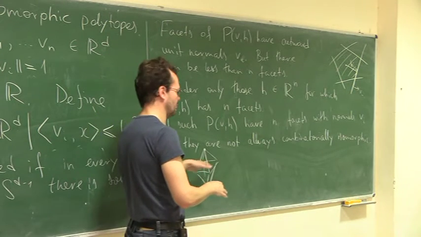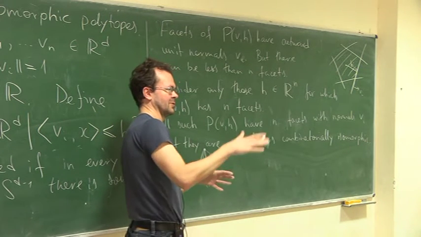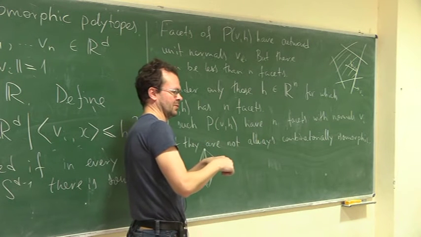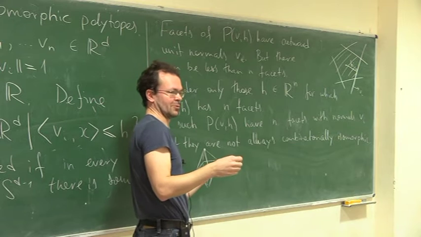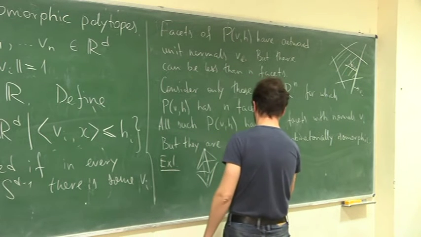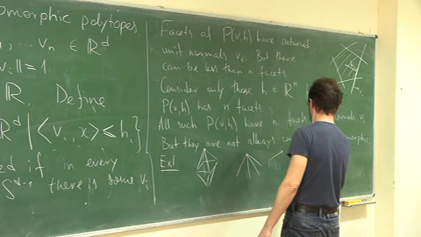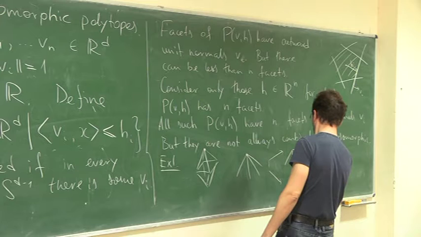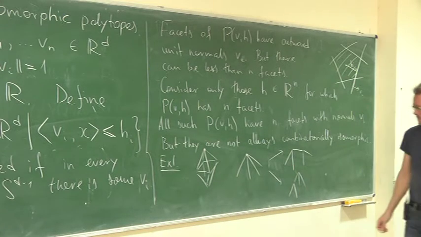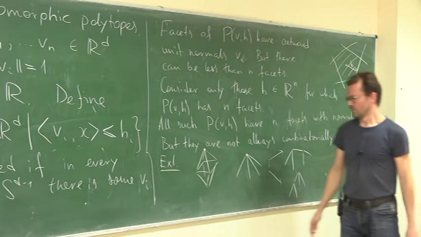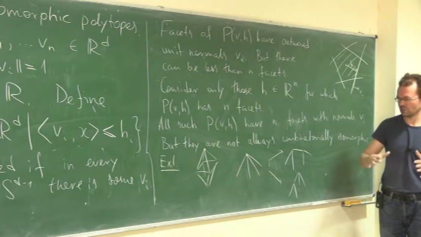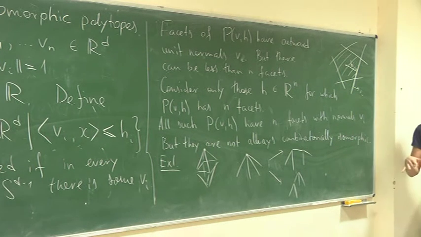Now, if you translate the planes of these facets in some way, then each vertex of degree 4 will split up in two vertices of degree 3. So this vertex of degree 4 can split in two different ways. It can be split like that, or it can split in the other way. So one gets different polytopes with the same directions of normals, but with different combinatorics.